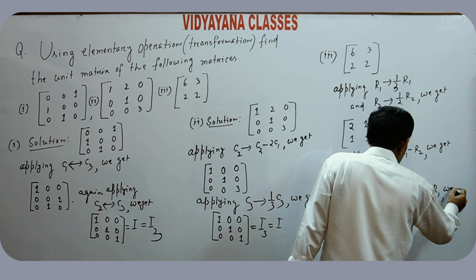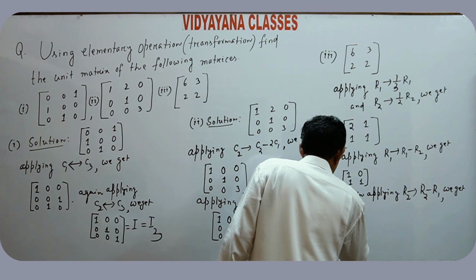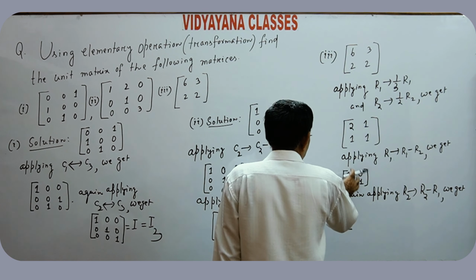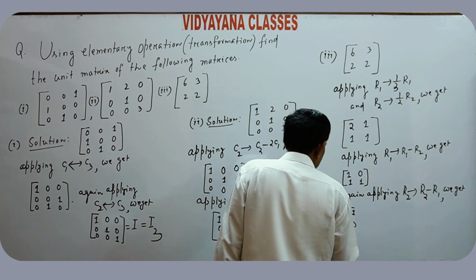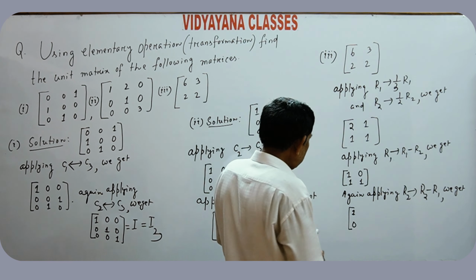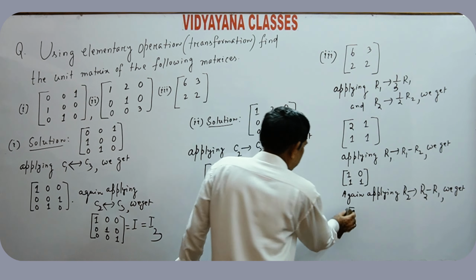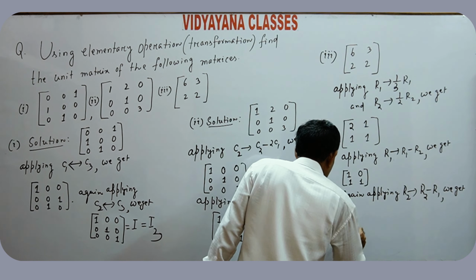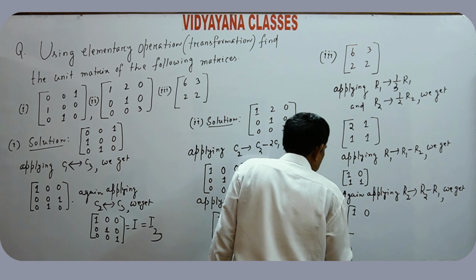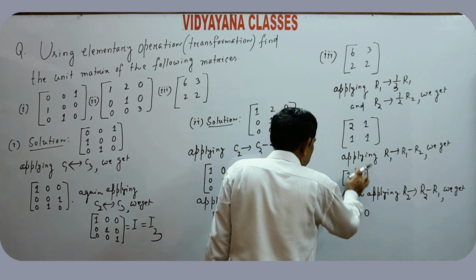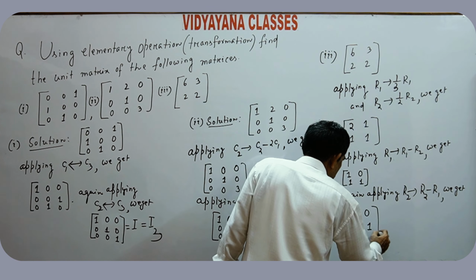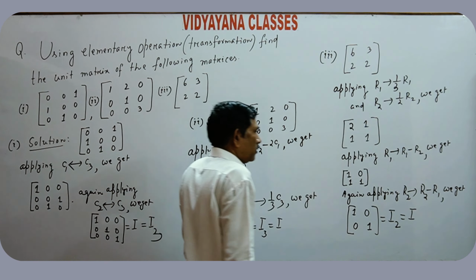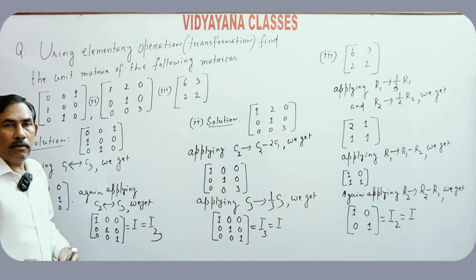We get the matrix having elements: row 2 is replaced by row 2 minus row 1. 1 minus 1, that is equal to 0. 1 minus 1, that is equal to 0. 1 minus 0, that is equal to 1, which is a unit matrix of order 2, or written as I. Clear?